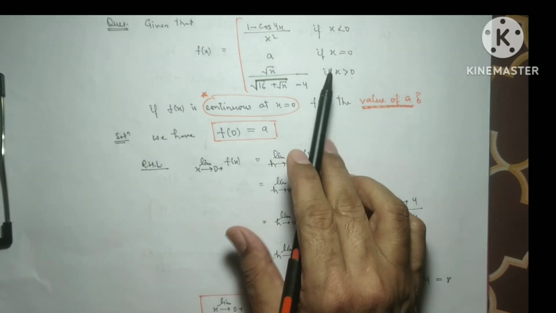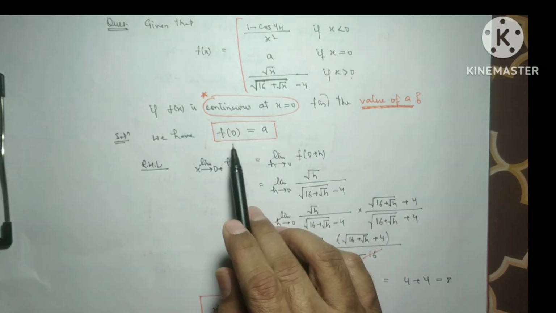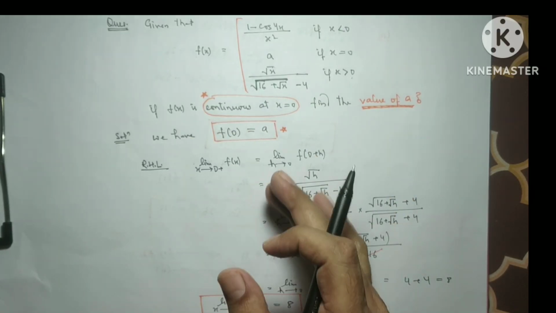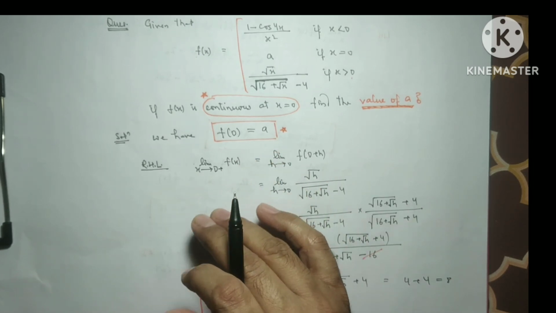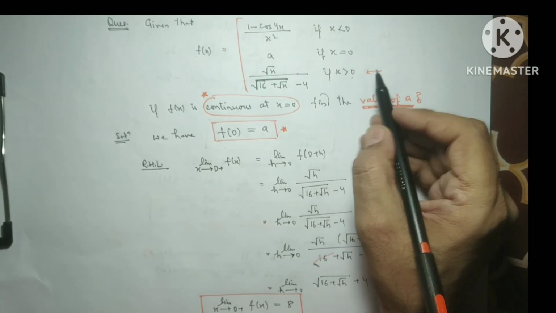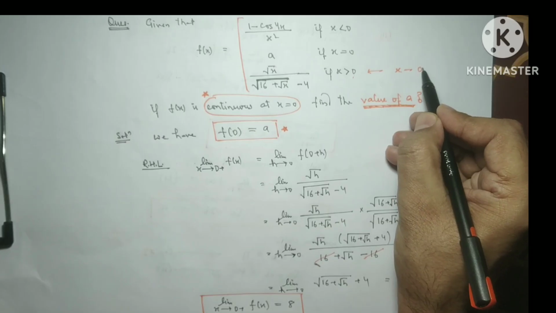First we will collect the value at the point. So f(0) equals a. This is our first requirement. Now we go for the right hand limit. For the right hand limit, x is greater than 0, so we use this definition in which x is greater than 0, it means 0 plus h.